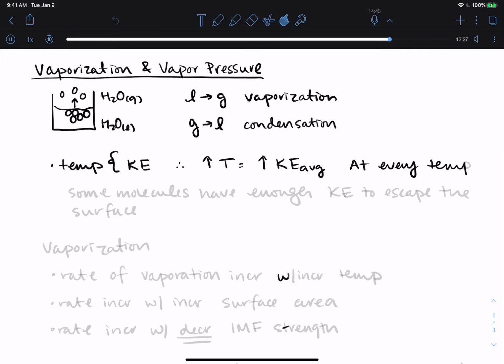So this is why water continues to evaporate, even when it's not at its boiling point or when it's at lower temperatures. It's because at every temperature, some molecules have enough energy to escape the surface.